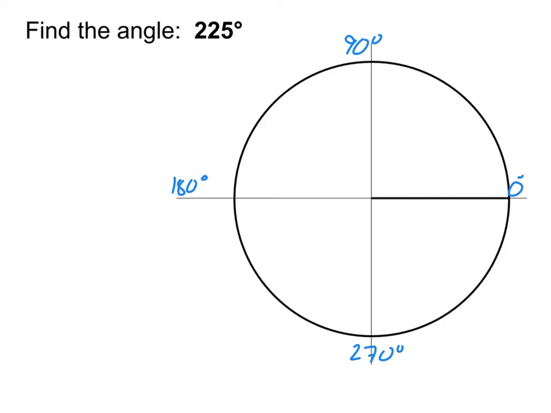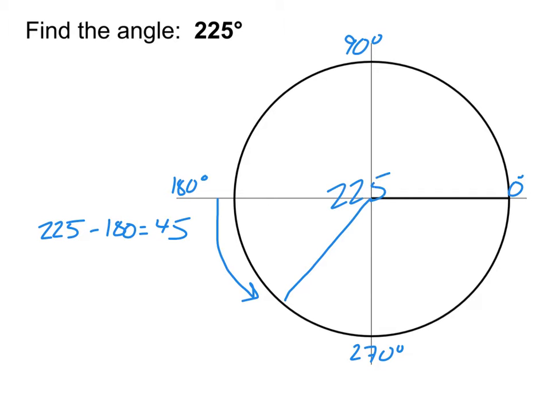One way to know that is I could see how far away that is from 180. If I do that subtraction, I get 45. So it's actually at 45 degrees from 180. Well, that's half of 90, right? So it's exactly halfway between the 180 and the 270. So this would be our 225 degrees and where it would end up on our circle.